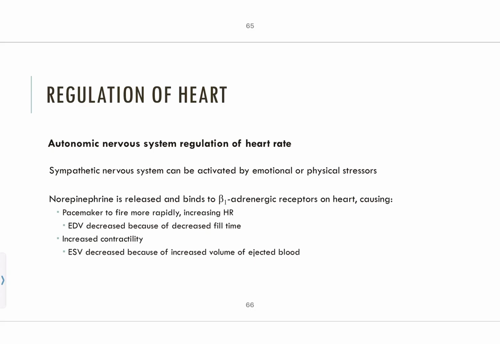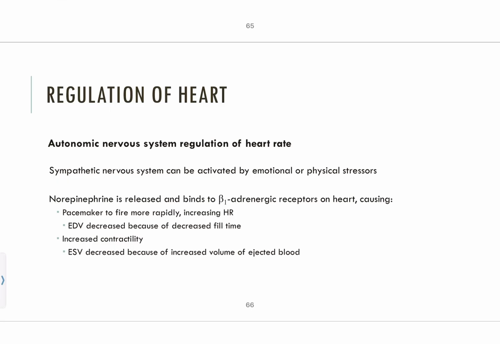So the sympathetic nervous system accelerates our heart rate in response to any sort of emotional or physical stress. How does it do that? It's going to release norepinephrine, which we just talked about, that's going to go on to bind the beta-1 adrenergic receptors on the heart. So this is going to speed up the SA node, it's going to increase contractility, and it's going to lower our end systolic volume.